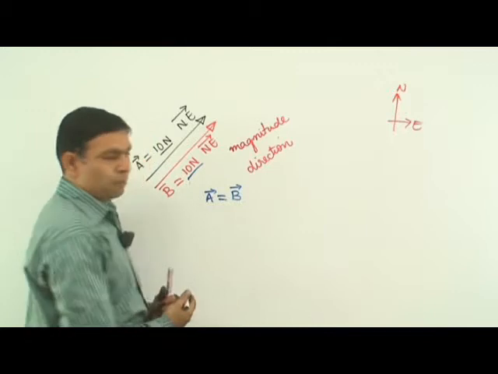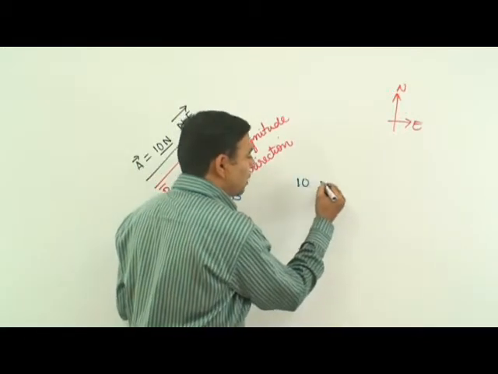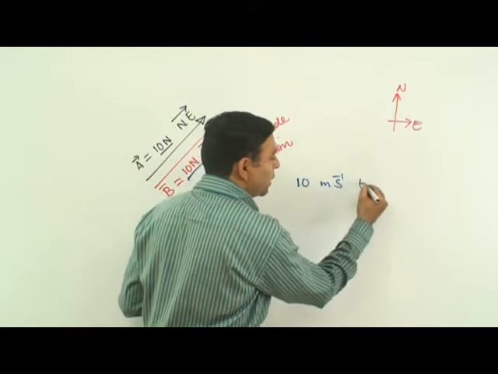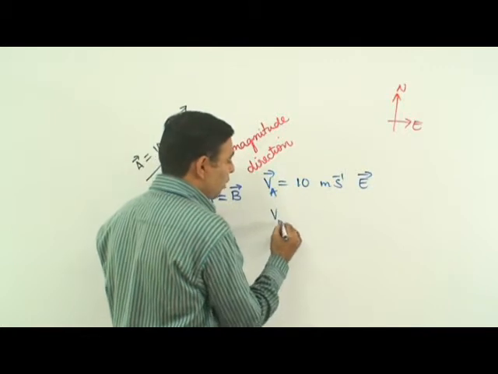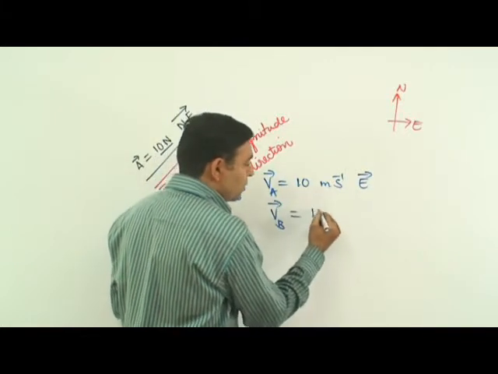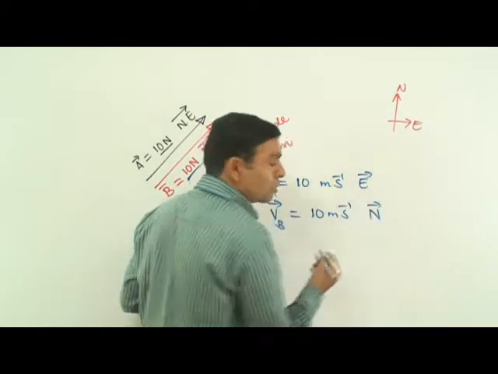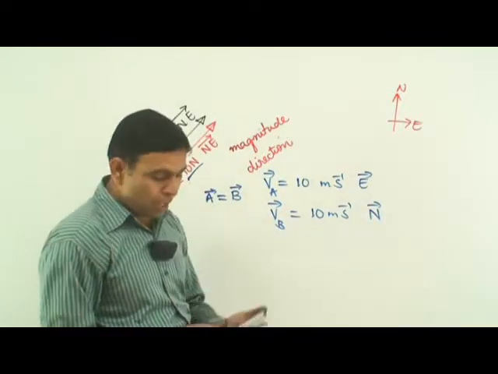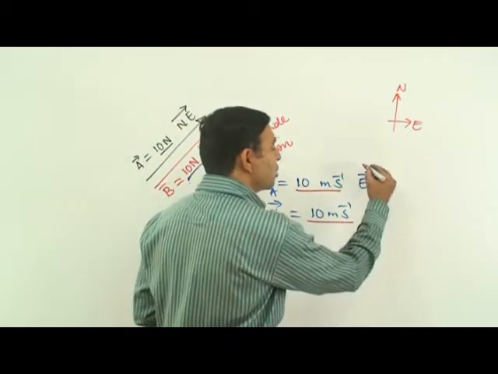Is it clear? For example, car A is moving with a velocity of 10 meter per second towards east, and car B is moving with 10 meter per second only, but the direction is towards north. Are these velocities equal? No. Even though they have the same magnitude of 10 meter per second each, the directions are different.